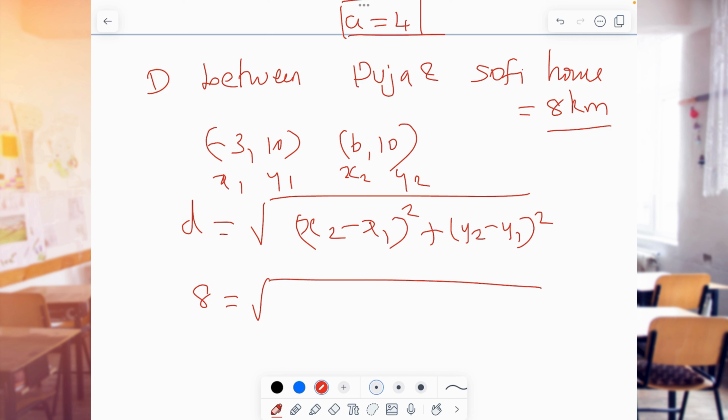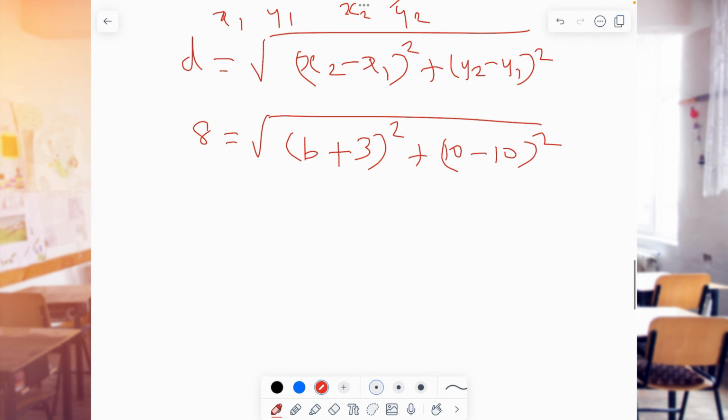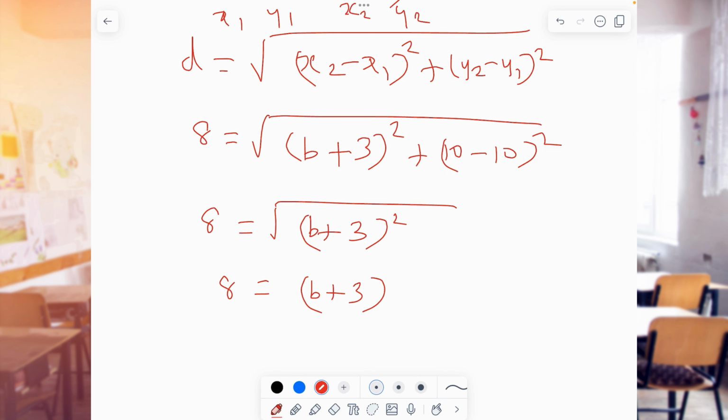So x2 minus x1: in the place of x2 is b, minus x1, which is minus 3, so b plus 3 the whole square, plus y2 minus y1, so 10 minus 10 becomes 0. So 8 is equal to root of b plus 3 the whole square.